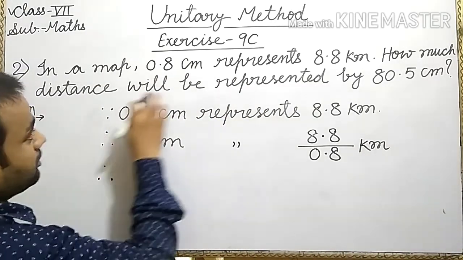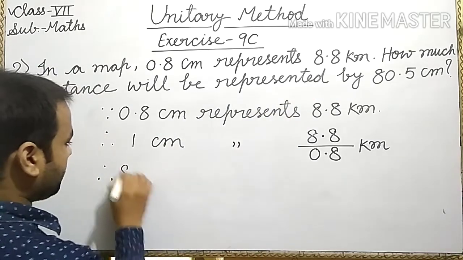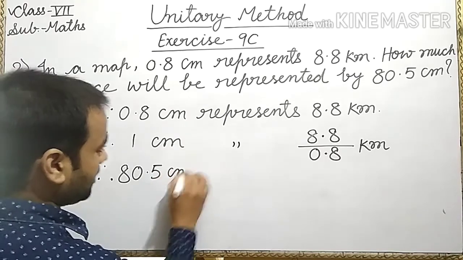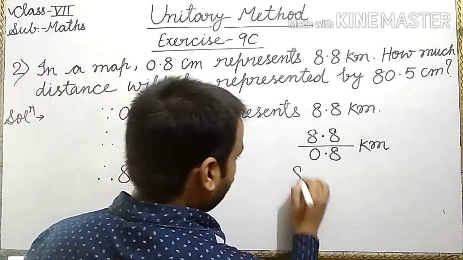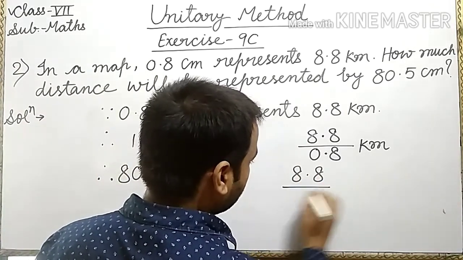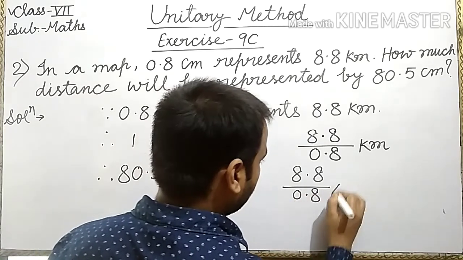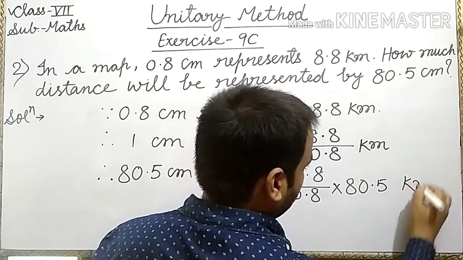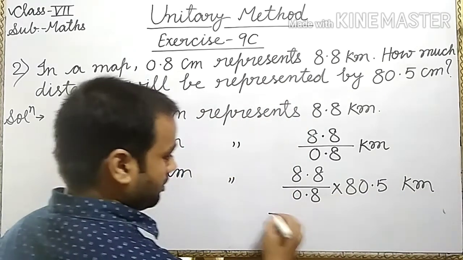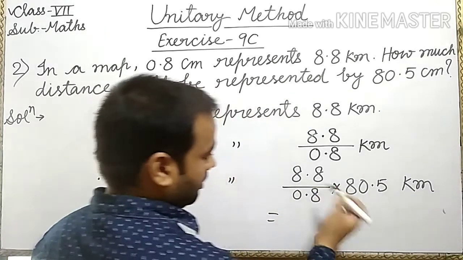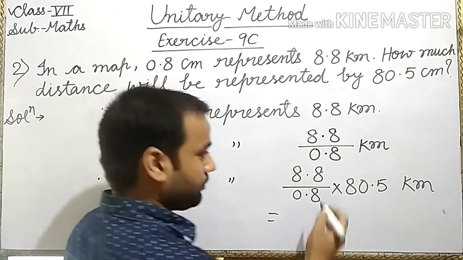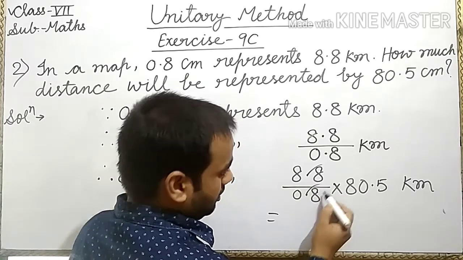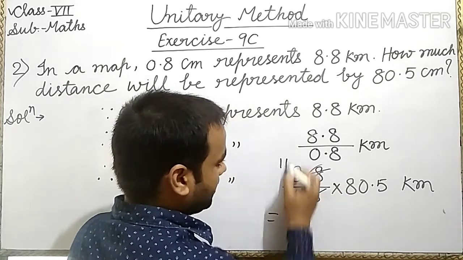Required: the map will represent 80.5 centimeter. Here required 80.5 centimeter represents 8.8 upon 0.8 into 80.5 in kilometer. Calculation, solve this. Here decimal after 1 digit remove, also here remove, so 11 eights are 88.